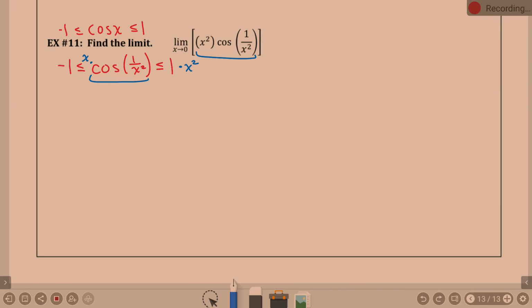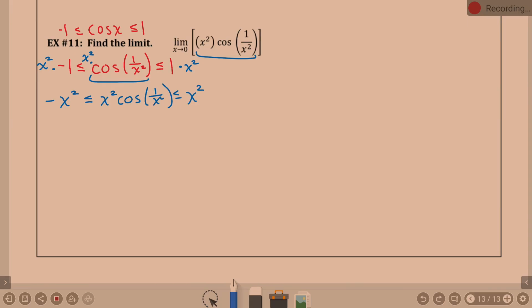So then you'll have negative x squared less than or equal to x squared cosine of 1 over x squared, less than or equal to x squared. What can we already say about the ends? We already know the ends are going to be zeros, and if the ends are zeros, then the middle is 0. It's very similar to the last problem.